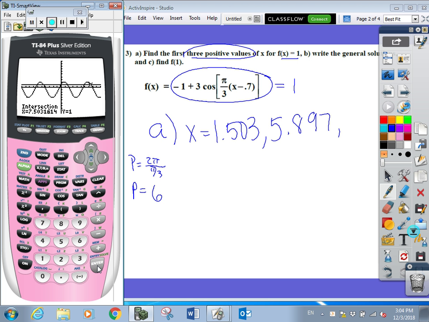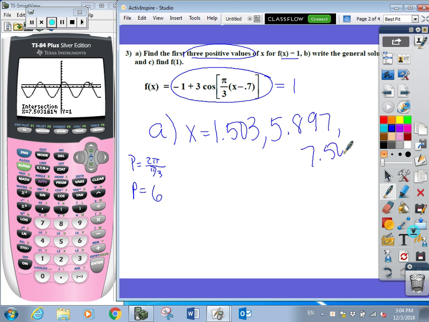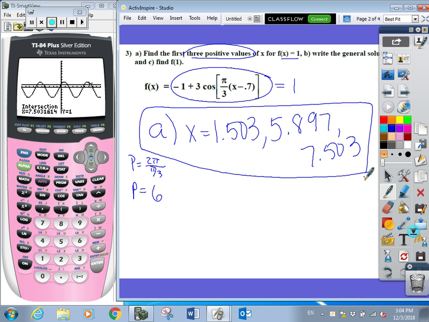You'll see that it's not, and you get 7.503, which is easy to do without the calculator. If it's just 6, we add 6 to that number. We could do that without the calculator. You can use the calculator, but you don't need it. So there's letter A. Again, that third one you can find by finding the intersection, or you know the third is the first plus the period. Either way will work.